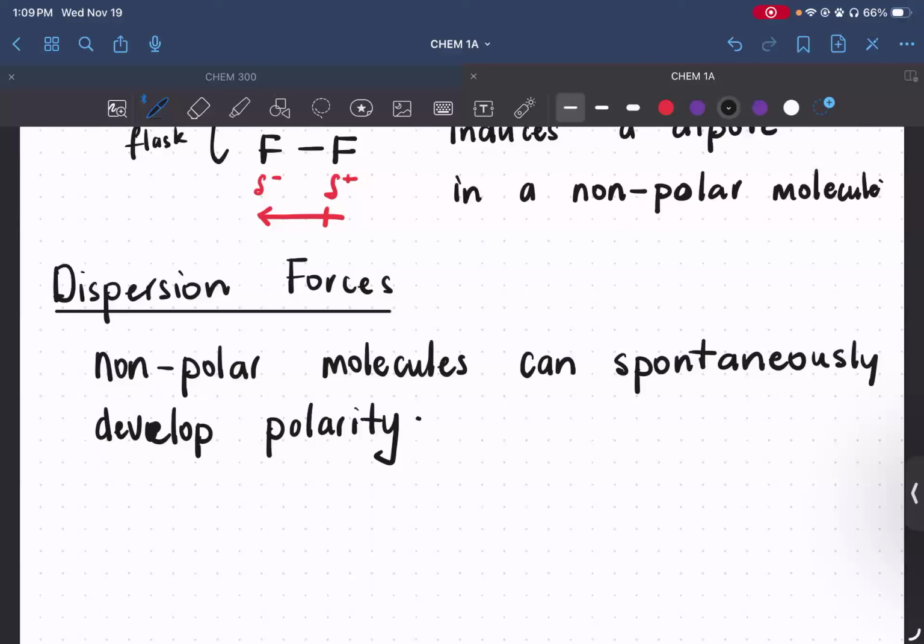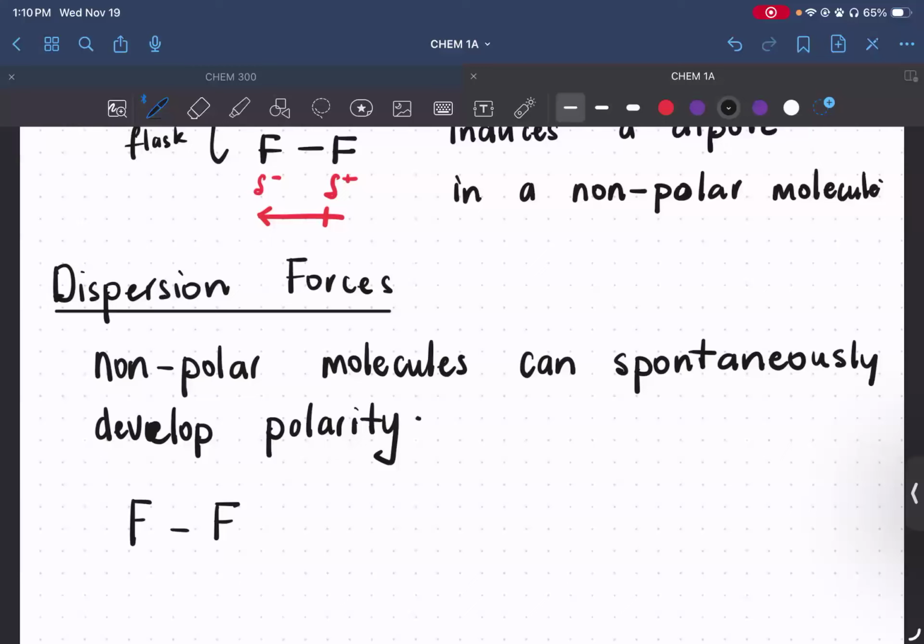Now, how does that make sense? I've literally just been telling you that if there is no uneven sharing, then there is no polarity. So how can they all of a sudden, out of nowhere, spontaneously develop it? Think back to our tug of war analogy. We talk a lot about how these electrons are distributed between the two atoms. Overall, the net effect is that it's even on both sides.